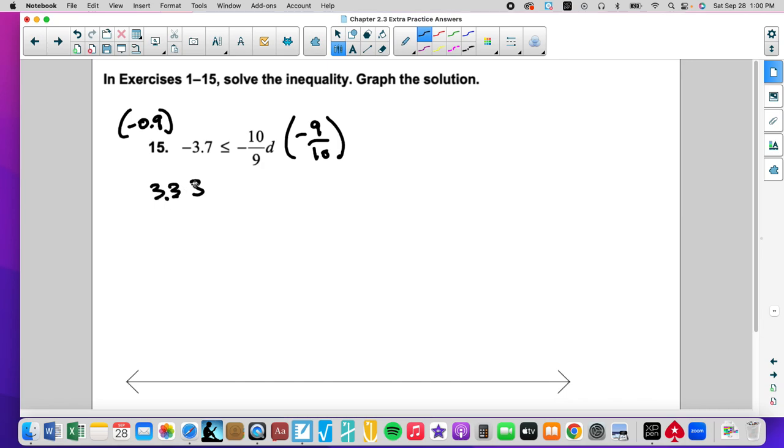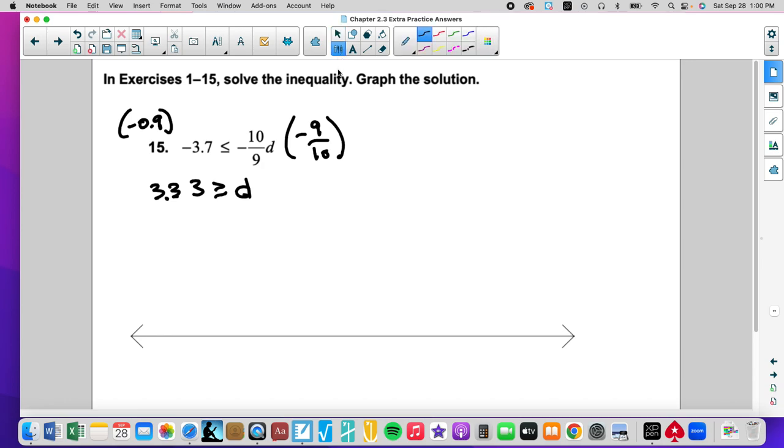So 3.33, negative times a negative is a positive. I'm going to flip the inequality because I multiply both sides by a negative, and I get d. So no calculator needed. I know my answer is pretty good. 3.33, no rounding, no nothing, closed circle, and it's going less than.